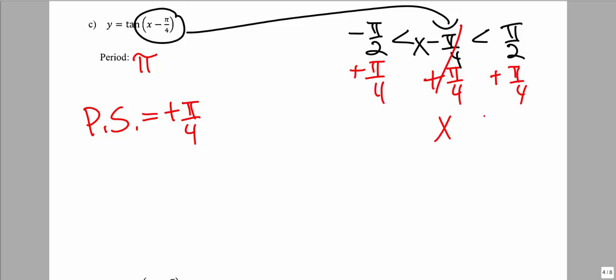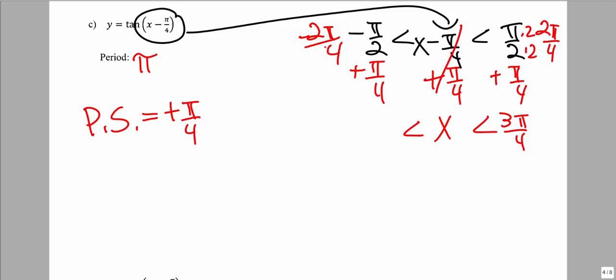And so that gives us x in the middle. We do need a common denominator, which would be 2 pi over 4. So when we add these values together, 3 pi over 4, negative 2 pi over 4 would be the common denominator. And we end up with negative pi over 4 for our left asymptote.